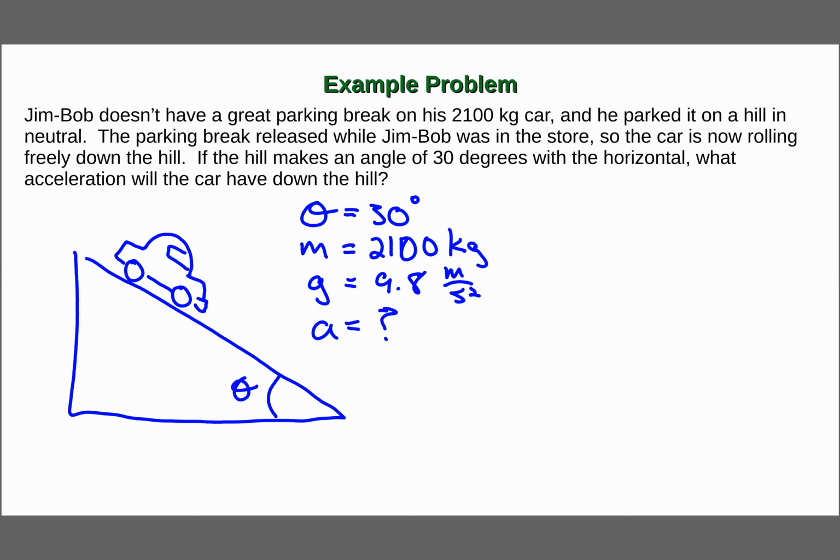When we're looking at a car that's freely rolling down a hill, there's a small enough friction force acting on the car as a whole that we can neglect it, okay? And we aren't really concerned about the wheels turning because they make up such a small fraction of the car, okay?